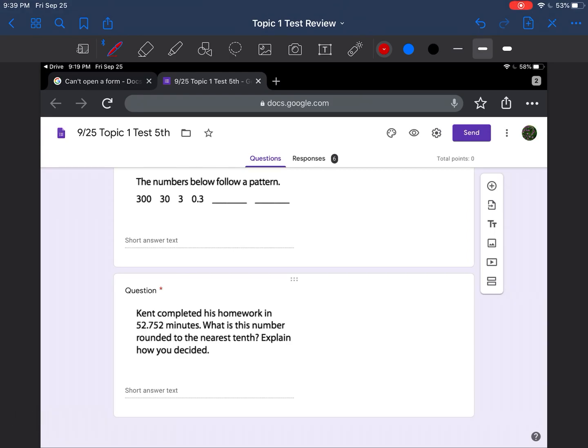And then lastly, Kent completed his homework in 52.752 minutes. They said, what is the number rounded to the nearest tenth? So remember our little rhyme. We say find your place, which is the tenth place.